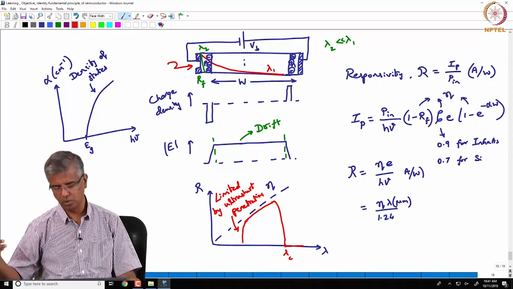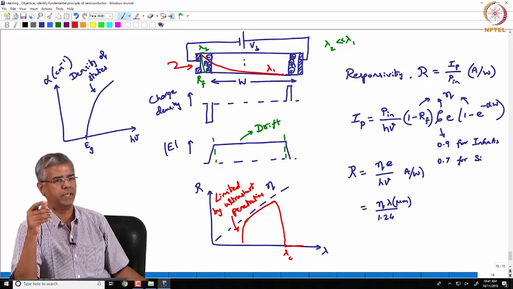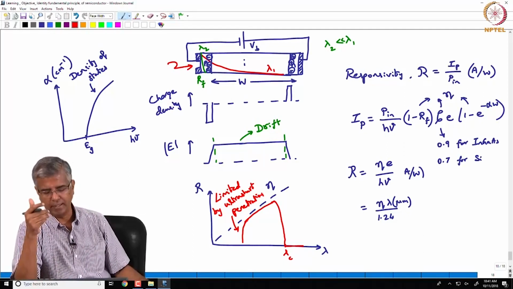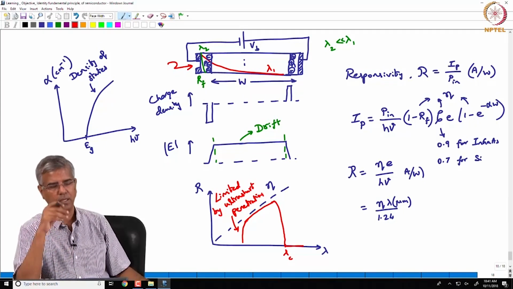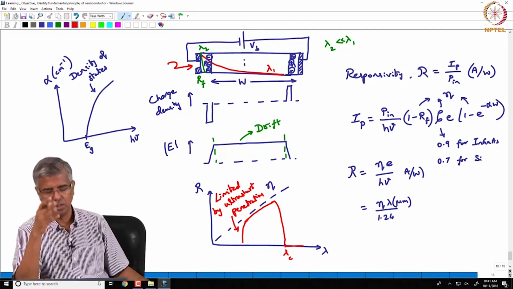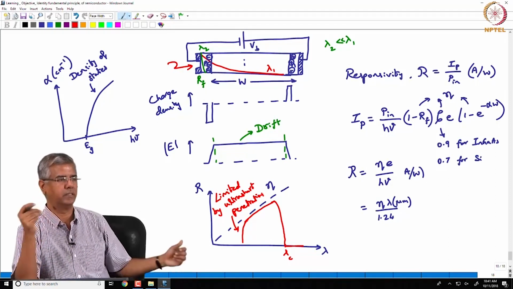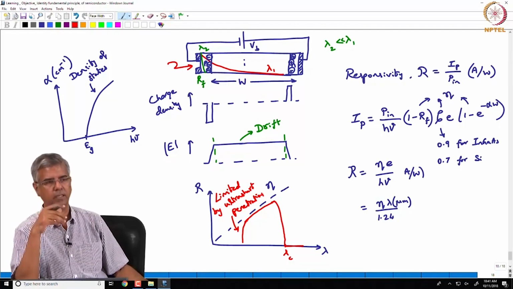As you go smaller and smaller in wavelength, that corresponds to higher and higher energy, and all your absorption happens near the facet itself. So it doesn't generate a photocurrent in the external circuit. Okay, so that will be the limitation.